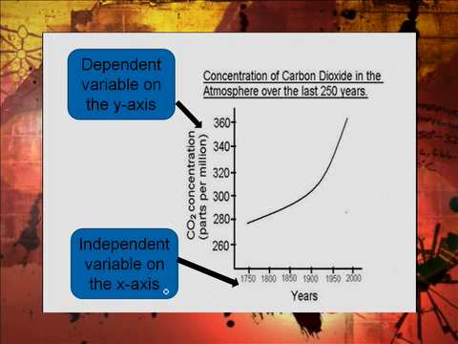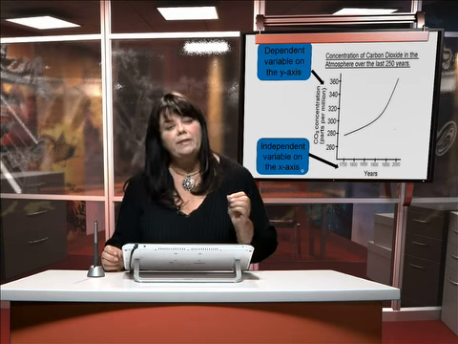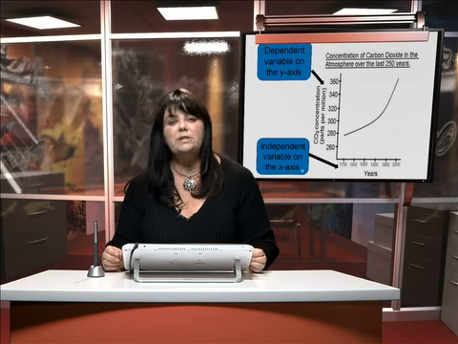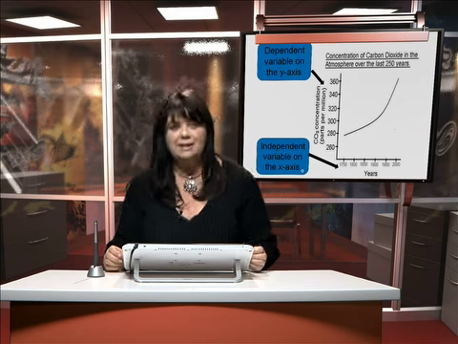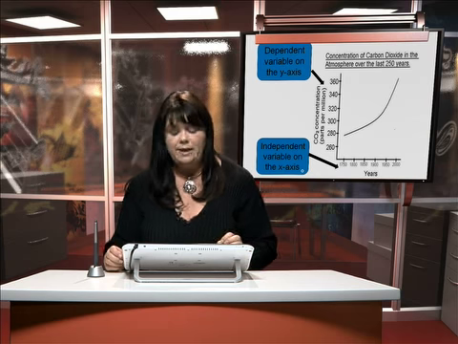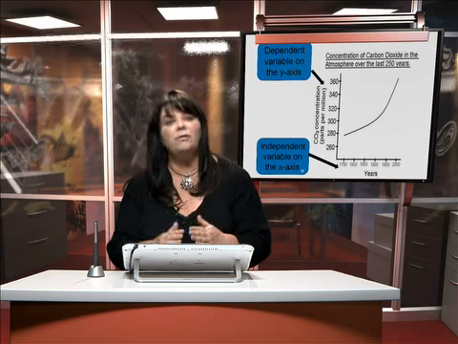Now, let's take a few steps back and work out what is that dependent variable and the independent variable. The independent variable that is going to go on your x-axis is the variable that the scientist controls. Now, the scientist on this particular graph is in control of time.